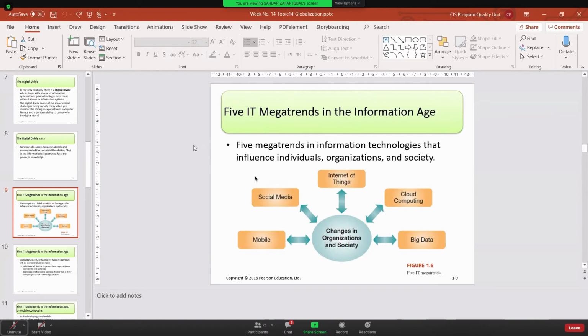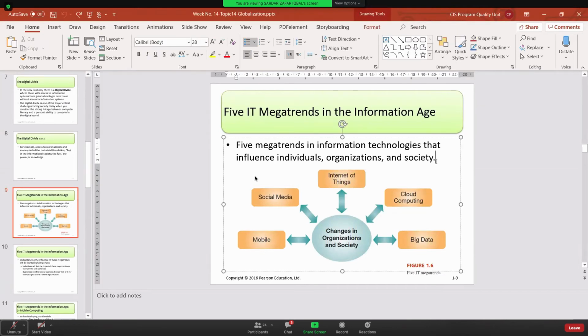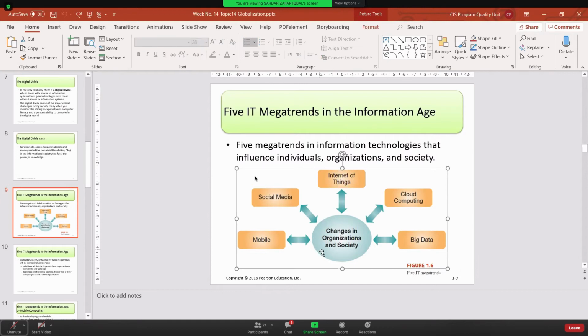Okay, so next we have 5 IT mega trends in the information age. Those are the 5 mega trends that can influence the individual, organization, and society: mobile, social media, Internet of Things, cloud computing, big data.